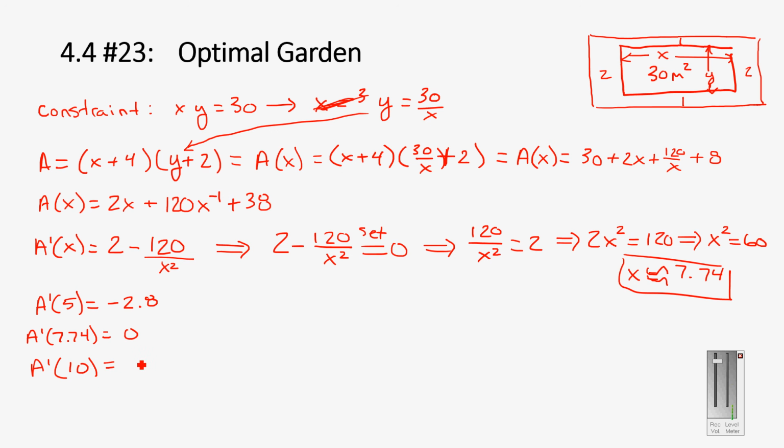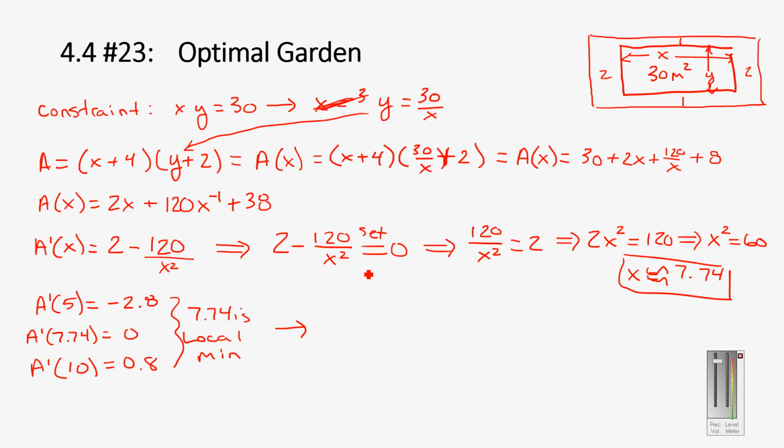And at 10, it's 0.8. So from this, we can determine that 7.74 is a local minimum. And from there, we can calculate what the y is going to be. We kind of knew this is our only critical point that really could do anything for us anyways.